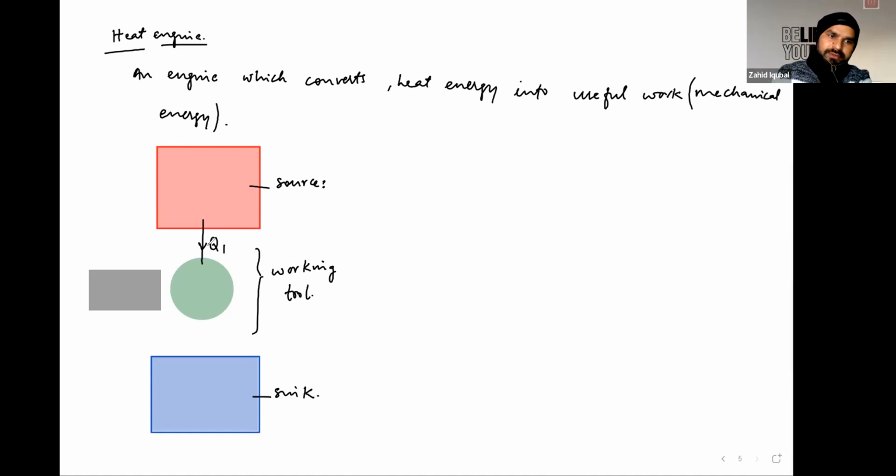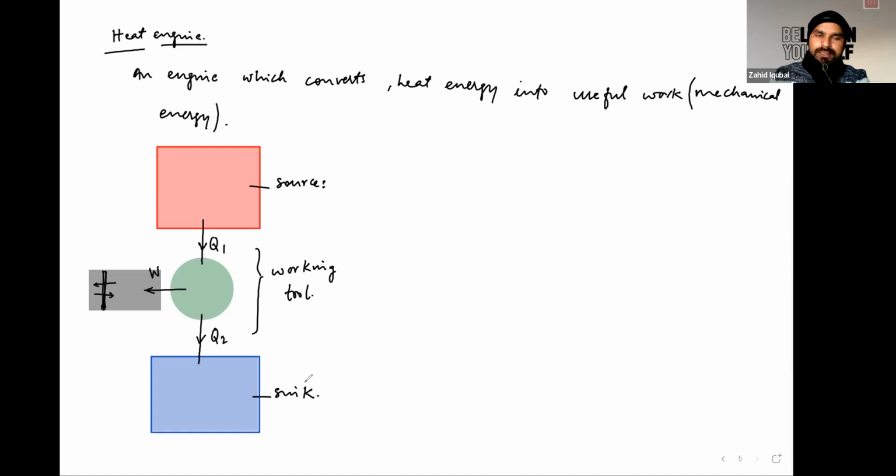And from this part, it may do some work on the piston attached in this vessel, which may move to and fro to rotate the wheel. So there will be some work done on this piston by this much amount of heat energy Q1, and there will be some loss of energy as well into the surrounding, Q2.